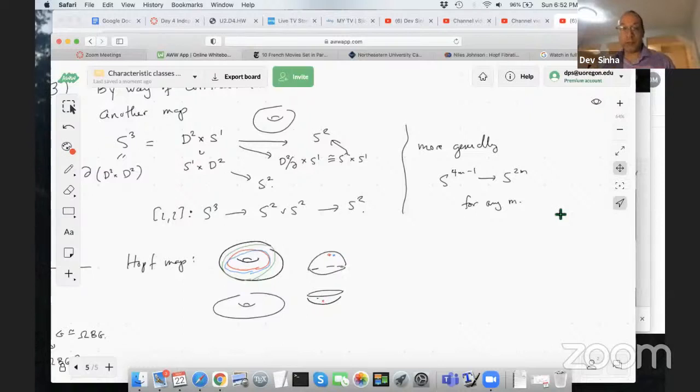And again, I'm not going through the details here because this is equivalent to the Hopf map, so you can exercise if you want.